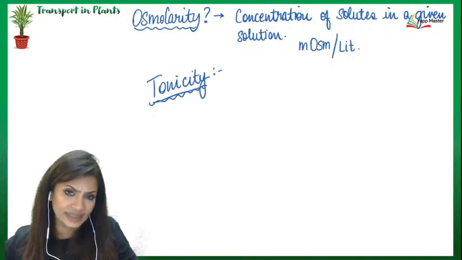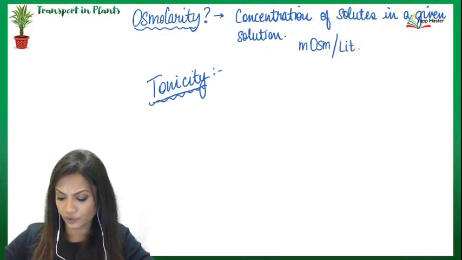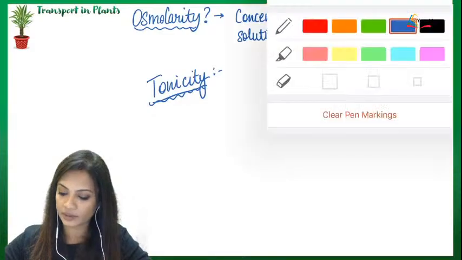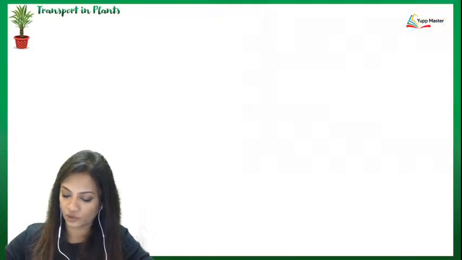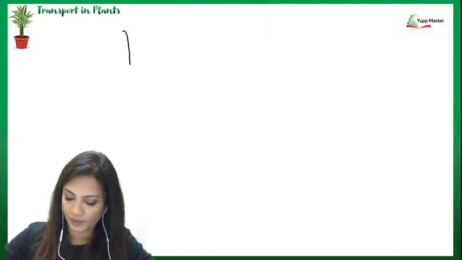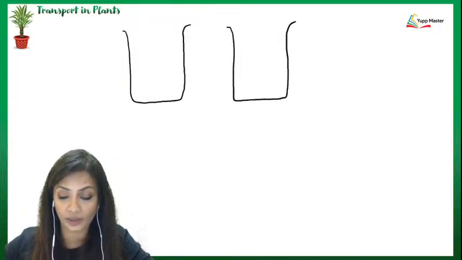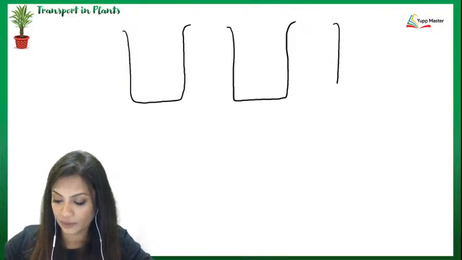Let's say I give an example where there are three beakers. Okay, we're talking about three beakers here. Let me draw the three beakers. Here you have beaker number 1. Okay, beaker number 2. Alright, are you able to see this? Okay, perfect. And beaker number 3.